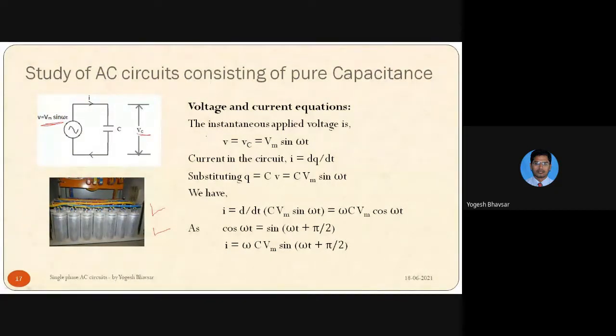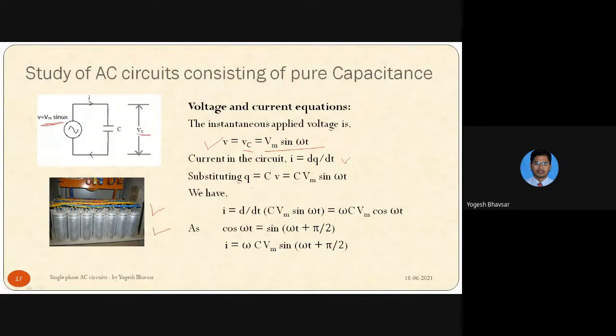Now voltage and current equations. Again, let us assume the voltage starts from the origin, on the reference axis, so V is equal to Vc, that is equal to Vm sine omega t. Then we know the current in the capacitor is equal to the rate of change of charge with respect to time, dq by dt.